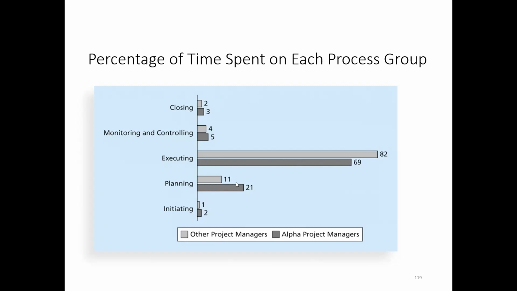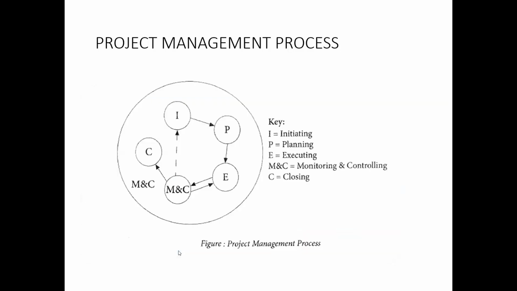In planning, they usually spend most of their time. In execution, they also spend most of their time. The third is monitoring and controlling, and at the last stage we have closing. So this is the time spent by the project manager on each process group.